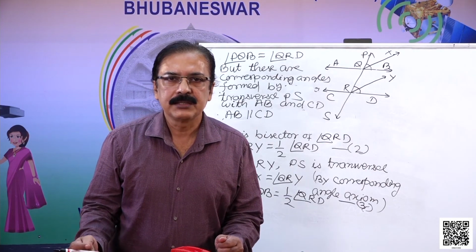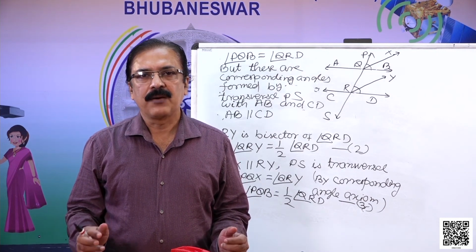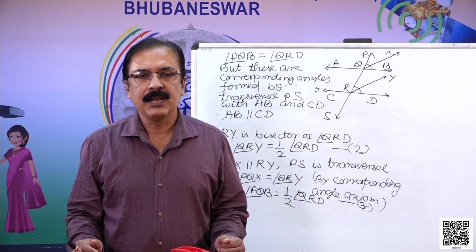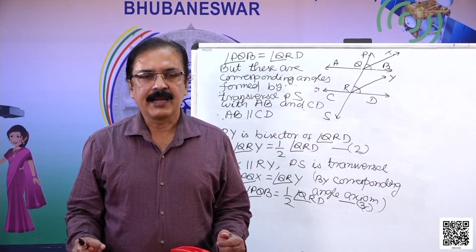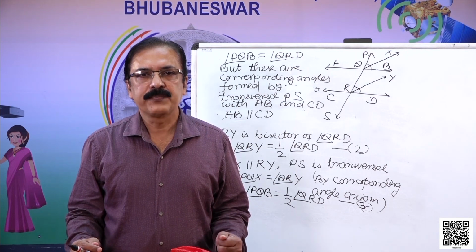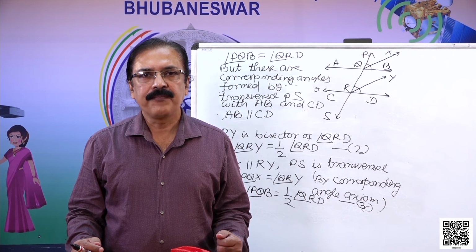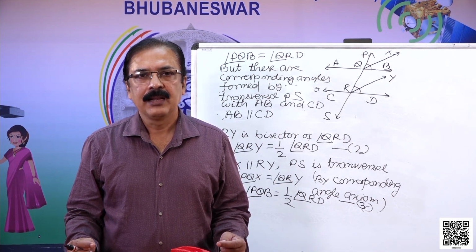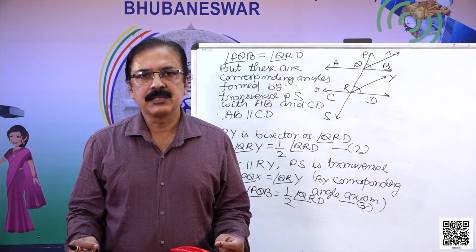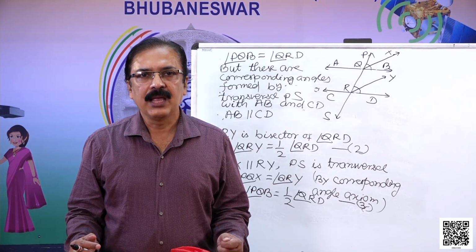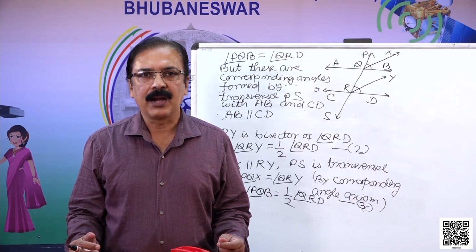So dear students, today we learnt about the properties of parallel lines and transversal, in which we studied two axioms like the corresponding angle axiom: if two lines are parallel and a transversal is there, then corresponding angles must be equal, and if the corresponding angles are equal, then the given lines are parallel.